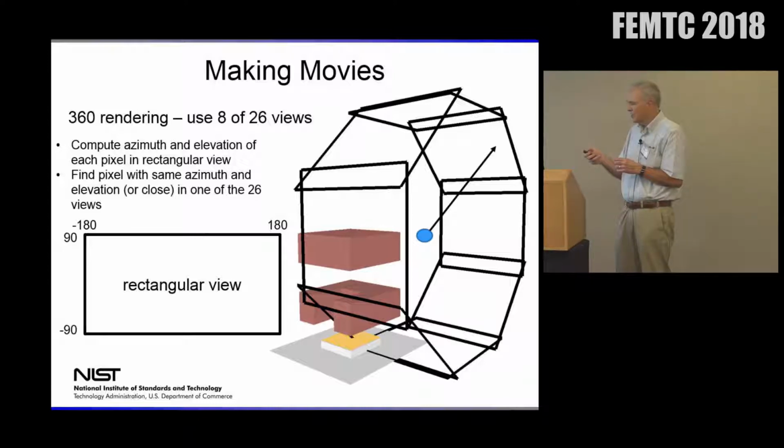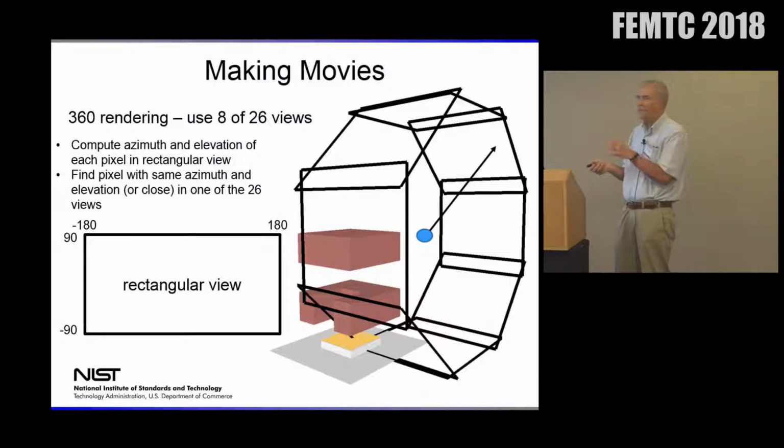and so if this rectangle represents the final image that I'm generating, think of each image as the Mercator projection of the Earth. So longitude goes from left to right, and latitude, this is the North Pole up here, so I'm going from minus 90 degrees up to plus 90 degrees, and here I'm going from minus 180 to plus 180.